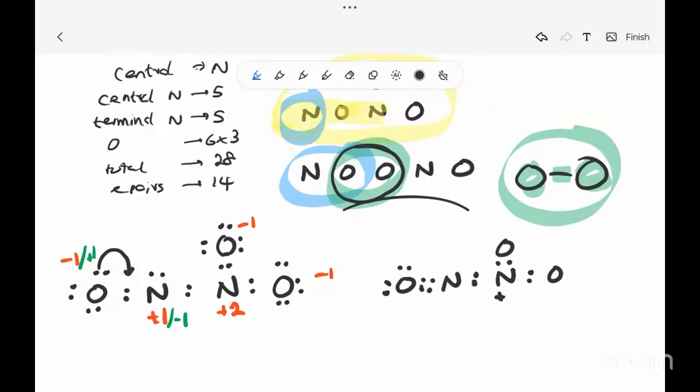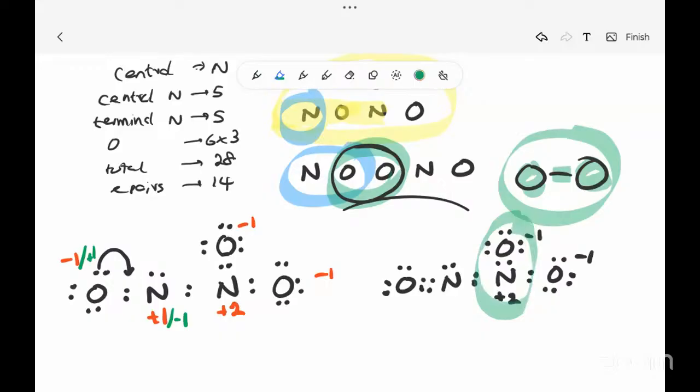This one induces a +2 charge. Then this is -1 and this is -1. Then the electron octet is not fulfilled around this nitrogen atom, right? Where is it? This one. Around this nitrogen atom, the electron octet is not fulfilled.